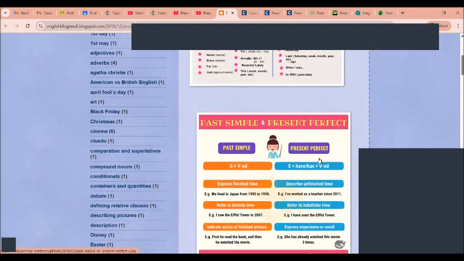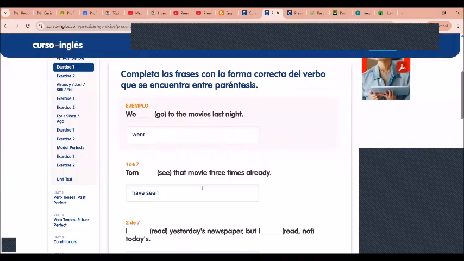Let's try that again, Alessandra. Tom has, because it's a he, seen that movie 3 times already. Repeat. Tom has seen that movie 3 times already.